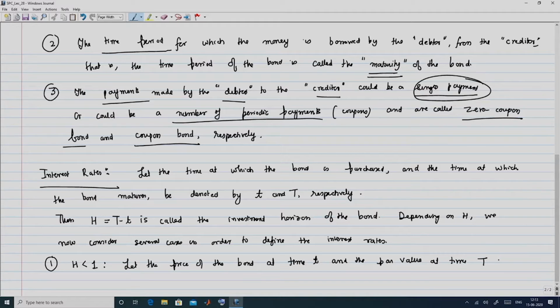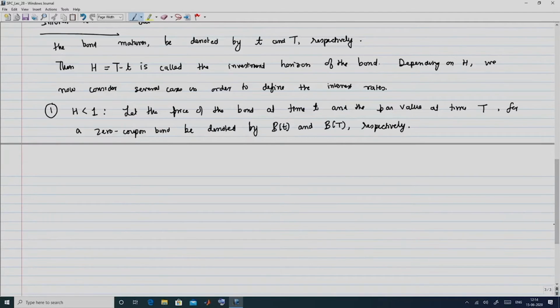So, this par value at time T for a 0 coupon bond be denoted by B of little t and B of capital T respectively.